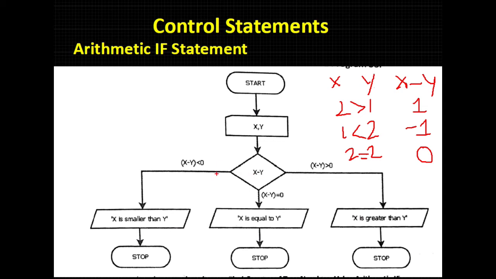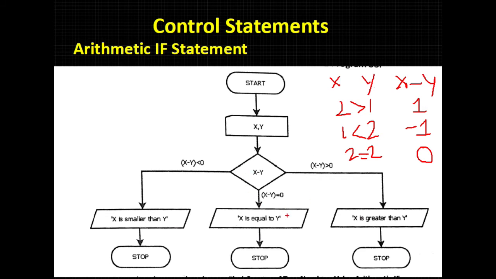If our answer is less than 0, meaning negative, x is smaller than y. If our answer is exactly 0, then x is equal to y, and if our answer is positive, x is greater than y, and then stop. With the help of this flowchart, we will try to write the program.